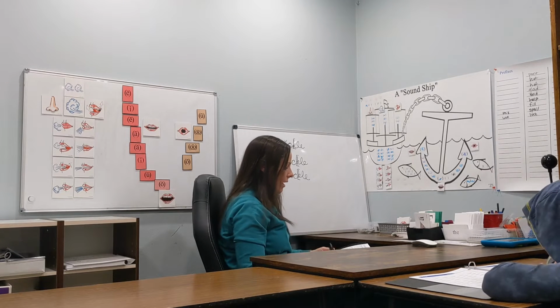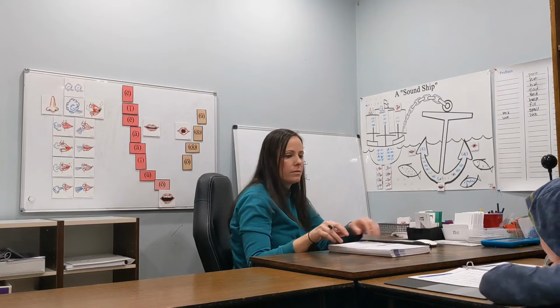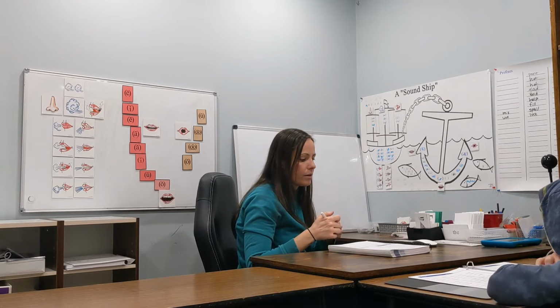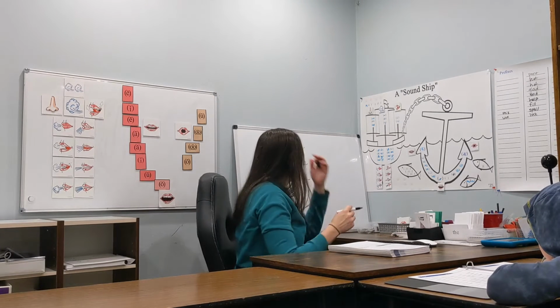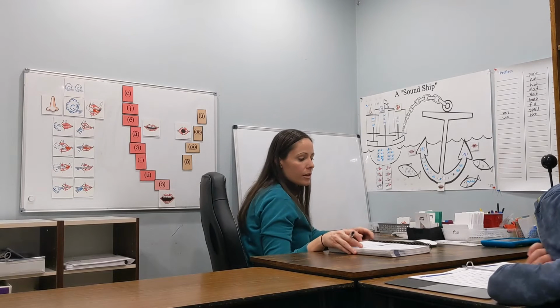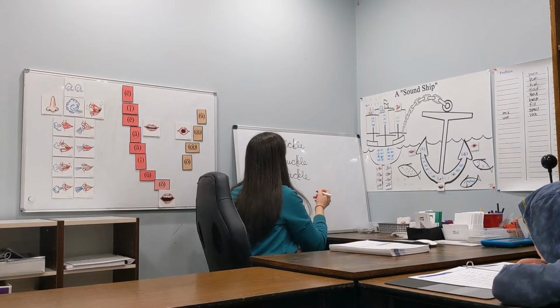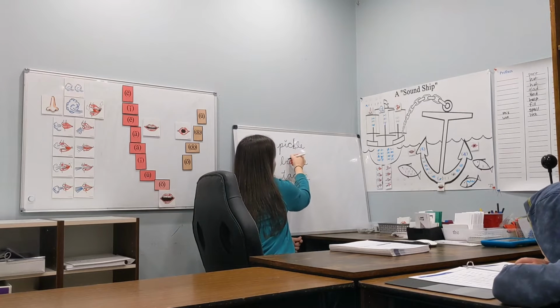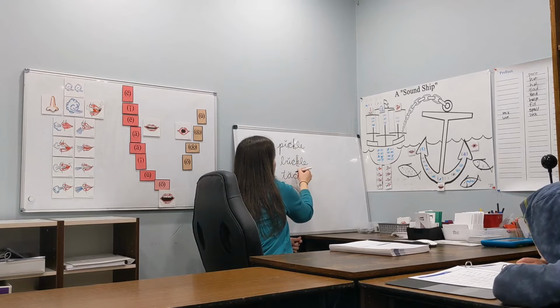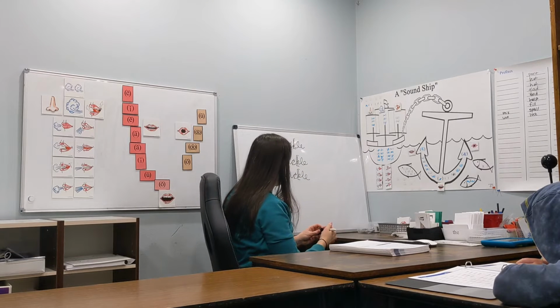Okay? So now we're going to practice coding in your book. Well, let me finish coding these so that you know how to code. Okay, so we're going to make the vowel short here, and we're going to cross out the C because we don't need it. It's just there to make the vowel short.